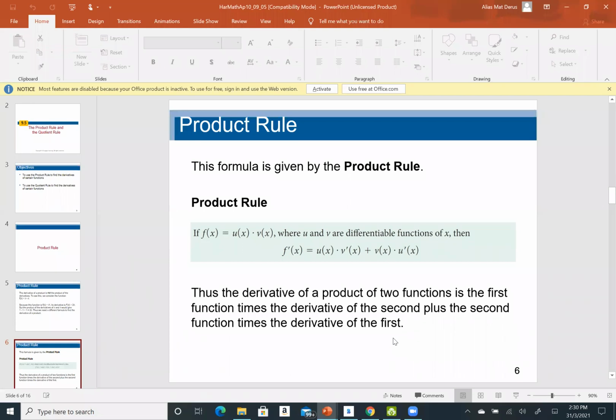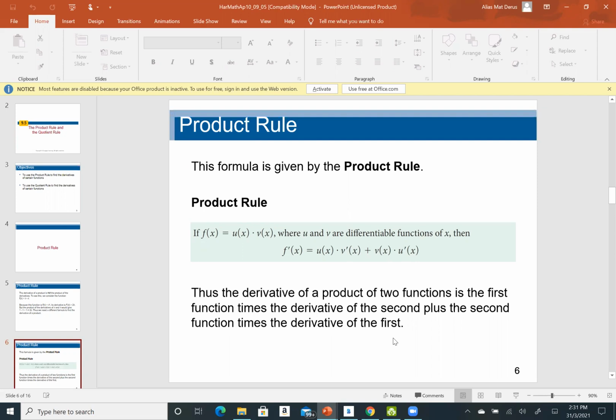So how do we differentiate the function? I want you to write down and describe how you differentiate. You don't have to write u as u of x, just write u times v.